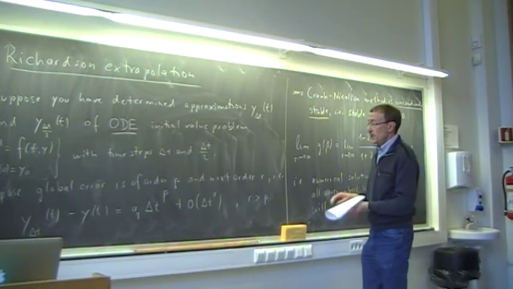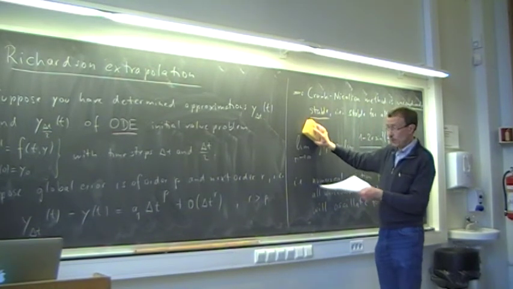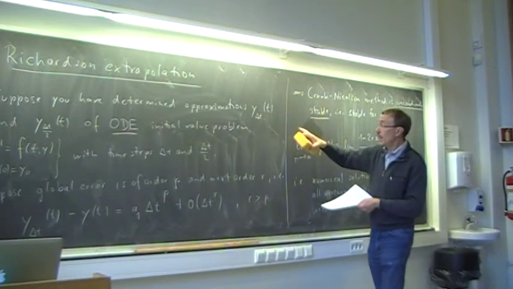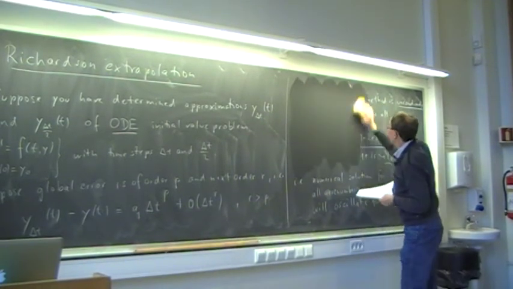And the question is, how can you get a more accurate approximation of the exact solution having these two approximations? That is the question.